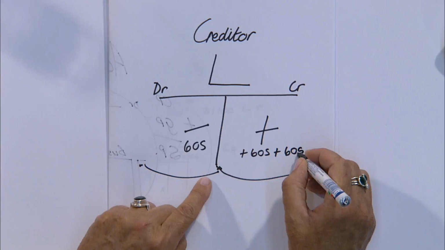So in accounting, the rule here is if you should have debited or credited and you go to the wrong side, if you debit by mistake, you have to credit twice. If you credit by mistake, you have to debit twice. So wrong side means go double to the other side.